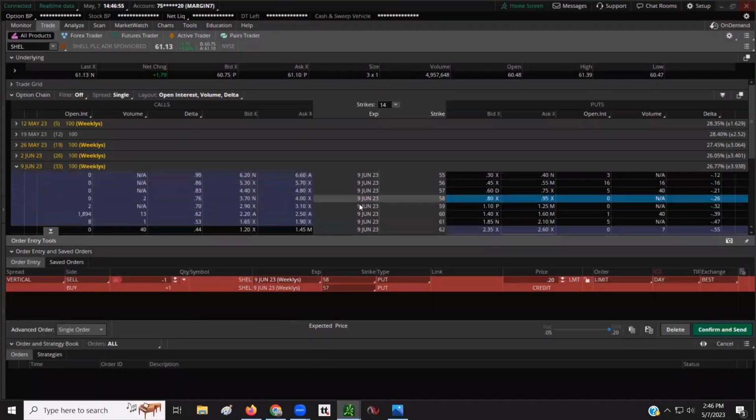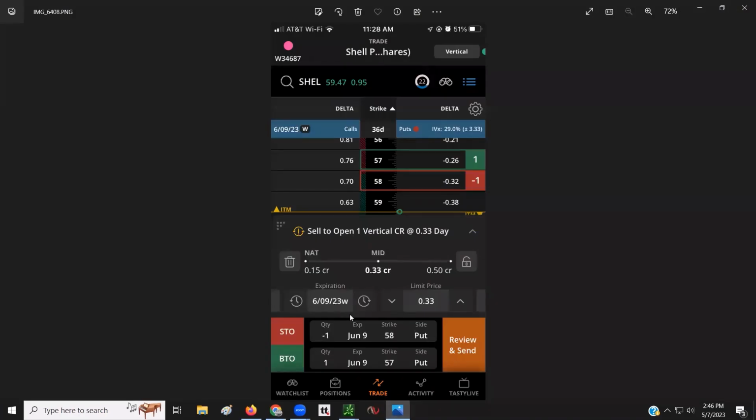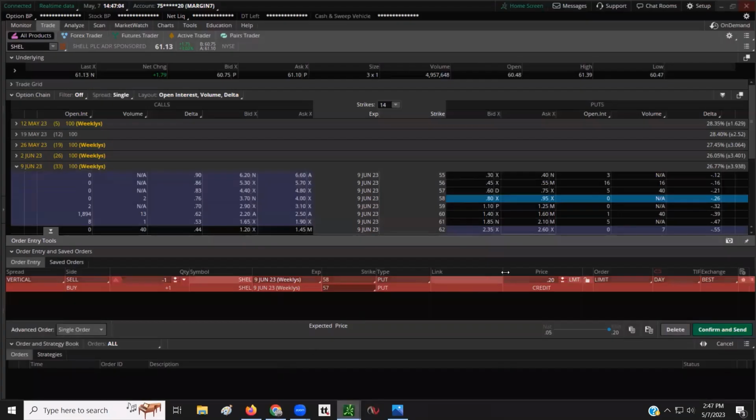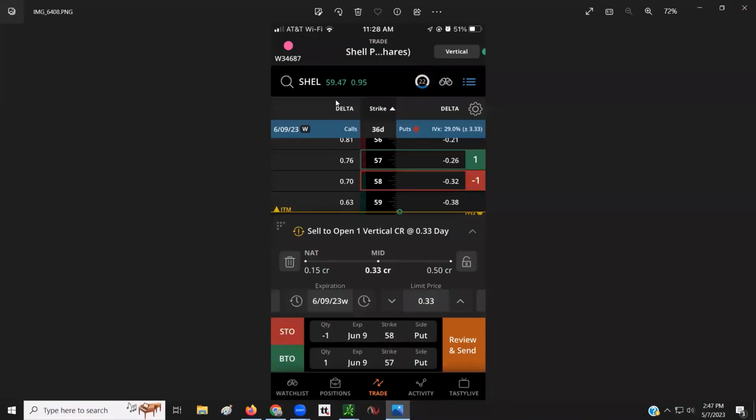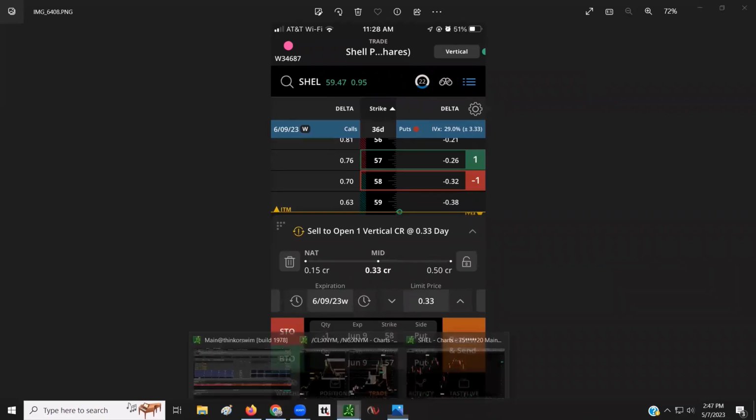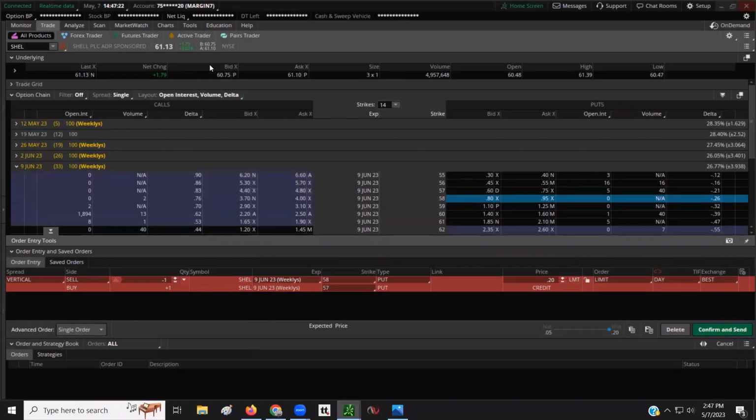Friday, when it closed, again, the same thing, 58, 57. Friday, it closed at $20. So the premium collected, because the stock went higher. Look, it closed at 61.13. And when that trade was placed, the stock was 59.47. So one could have bought the stock and closed it Friday for profits, as well as done the option strategy and closed it for profits.